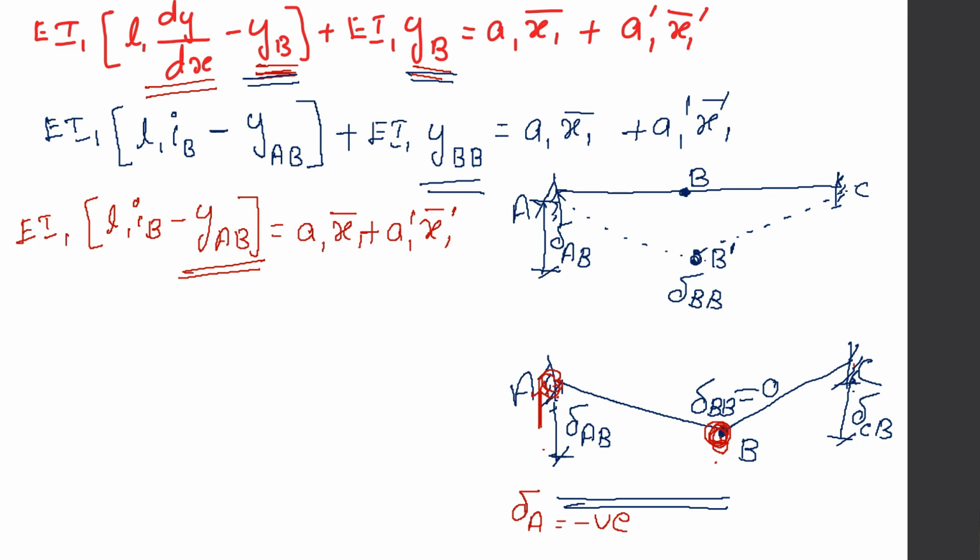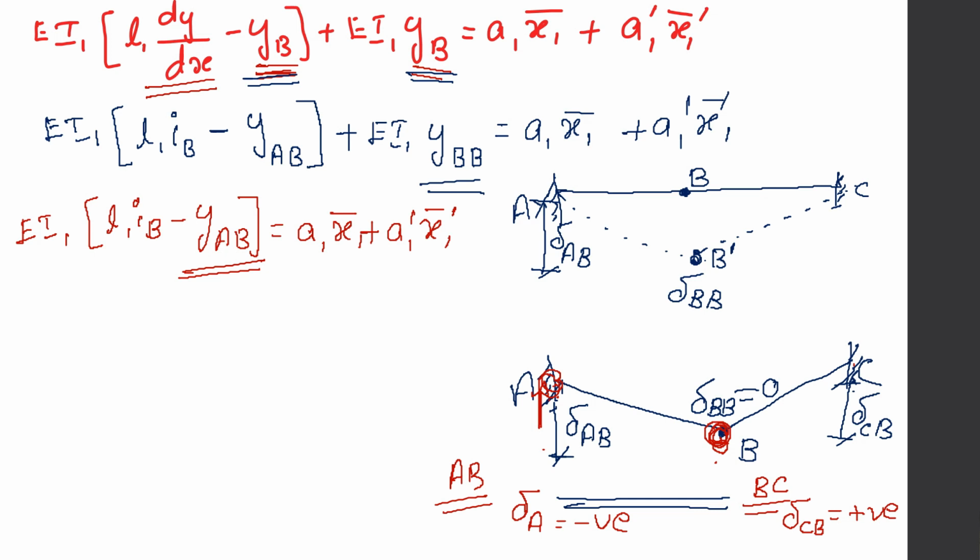And when you are considering the span BC, here we are considering the span AB. Now, when we are considering the span BC, your delta C will be positive because C is at a higher level than B. Since we are considering the beam AB, the right support B is at the lower level, so delta A is taken as negative.